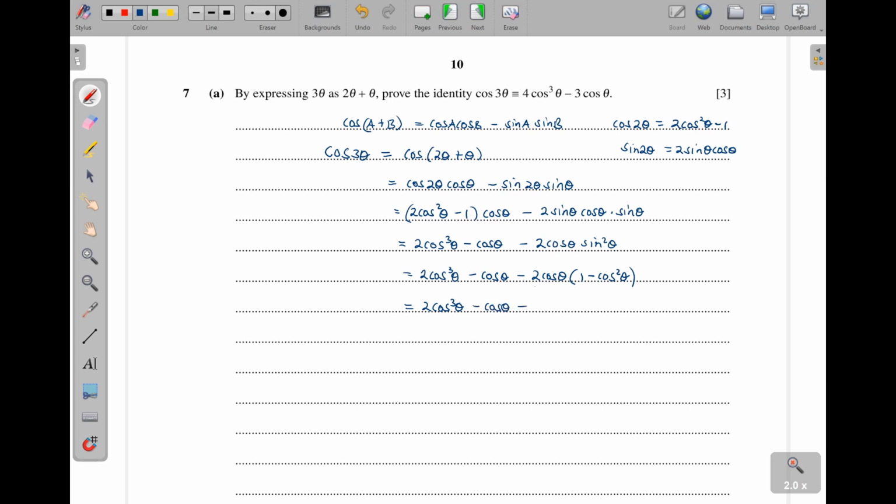Then here when you open the brackets, we shall get 2 cosine of theta, then plus 2 cos cubed theta. Now this is 2 cos cubed theta plus 2 cos cubed theta. That one will give us a 4 cos cubed theta. And then minus cos theta minus 2 cos theta, that will be minus 3 cosine of theta.